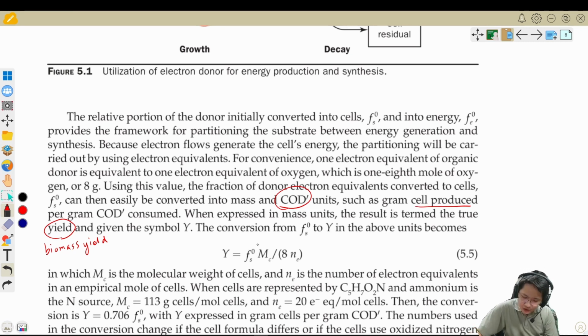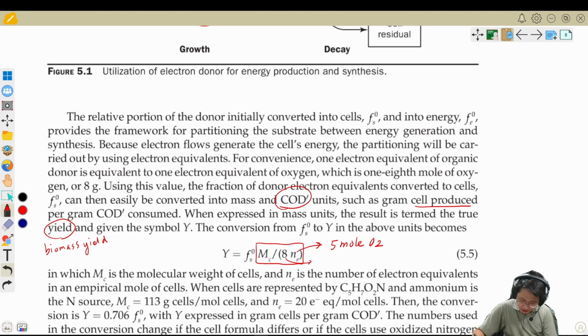So for the part here, the Ne represents the number of electron equivalents in the empirical mole of cells, and also coming to convert from the oxygen here. Which means here we need 5 moles of oxygen, and the A here represents the equivalent weight of the oxygen.